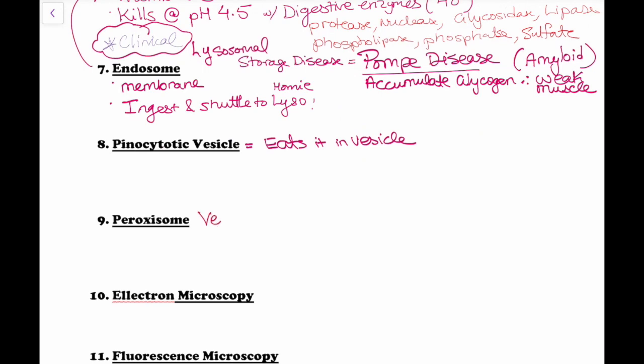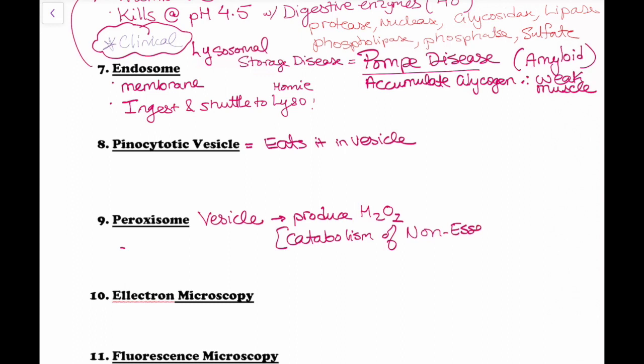Peroxisomes are also a vesicle, and they're important because they produce H2O2, and that is essential for catabolism of non-essential anything. So your non-essential fatty acids, your non-essential amino acids, or any non-essential toxin. So your oxidation of toxins happens in the peroxisome.